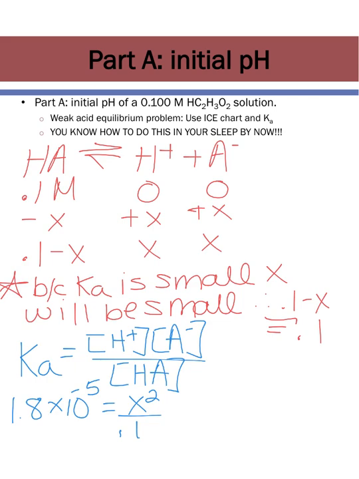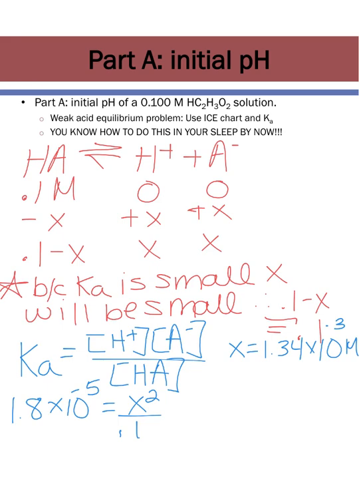We get x squared is equal to 1.8 times 10 to the negative 6. So then we take the square root of that, and we get x having a value of 1.34 times 10 to the negative third, and that would be molarity, and that's equal to [H+].